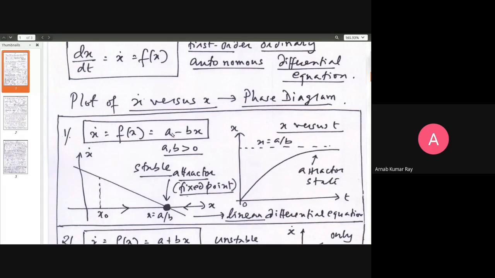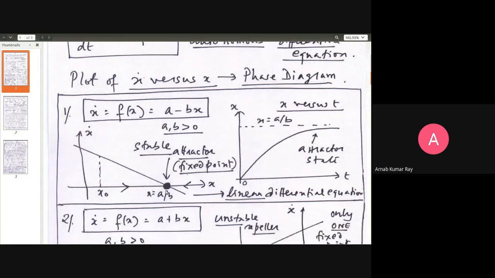Suppose I've given you the function a minus bx, where a and b are positive numbers. So I plot x dot along the vertical axis and x along the horizontal axis. Since f is just a function of x and nothing else, it's simple to plot x dot versus x.